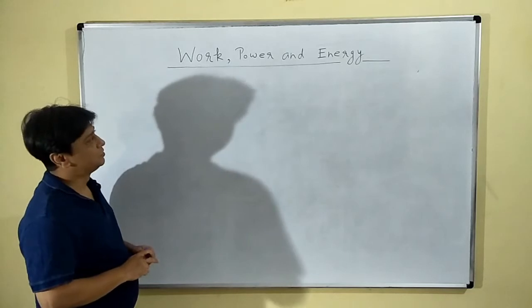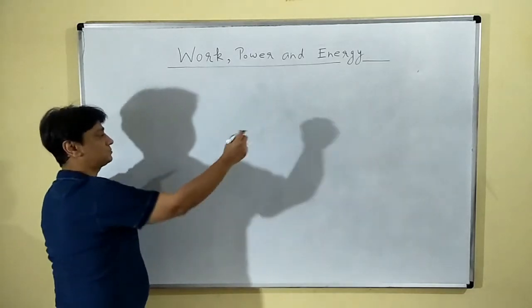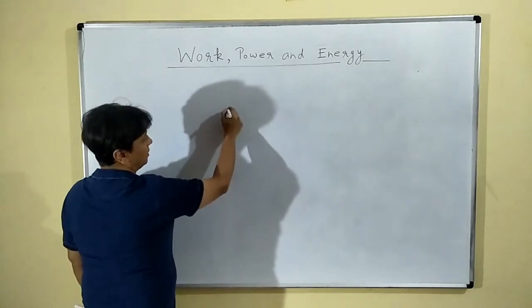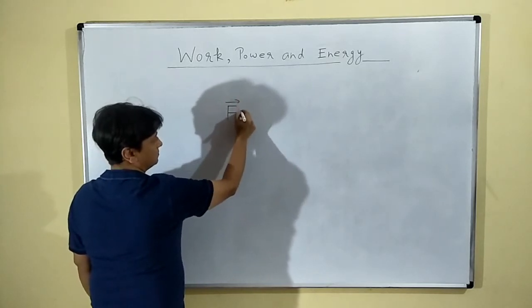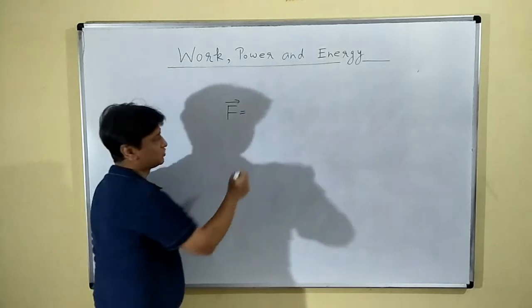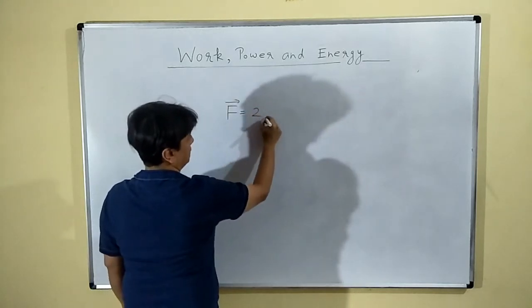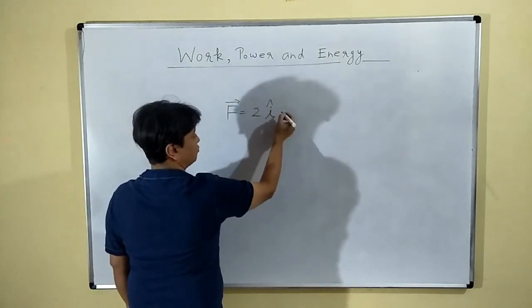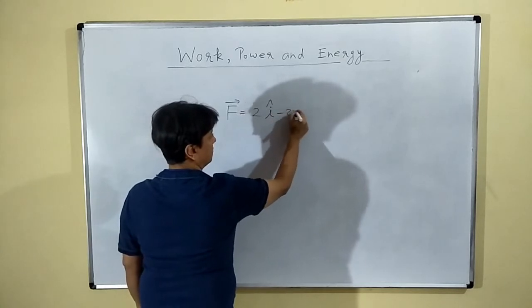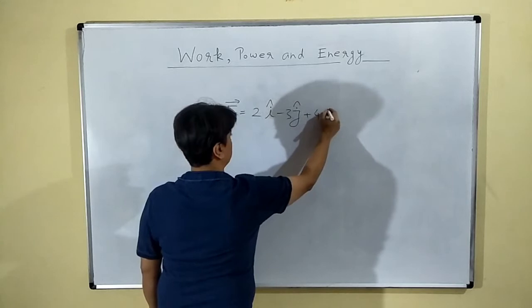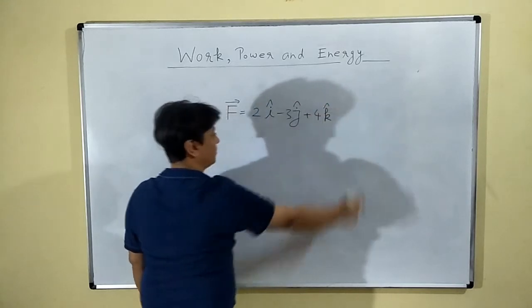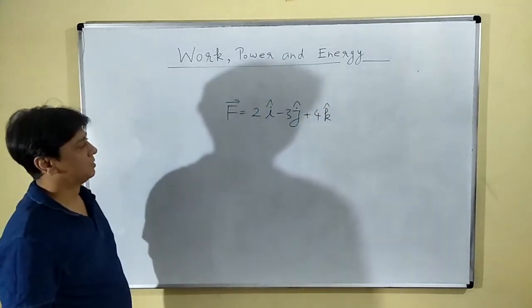Let's see some examples on work. Force is given in this form: 2i cap minus 3j cap plus 4k cap.